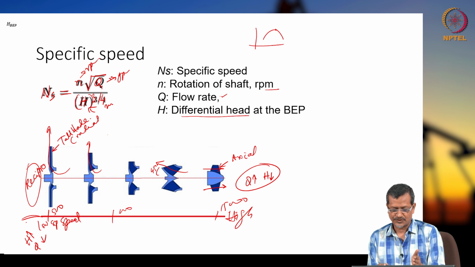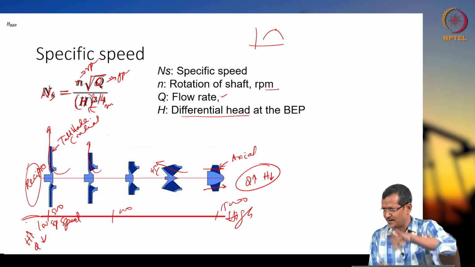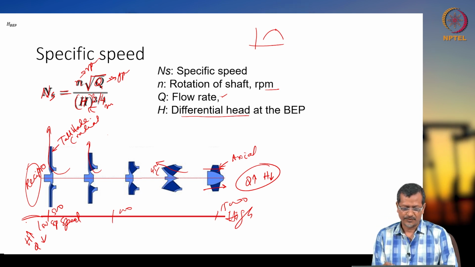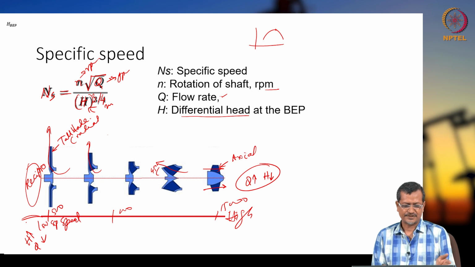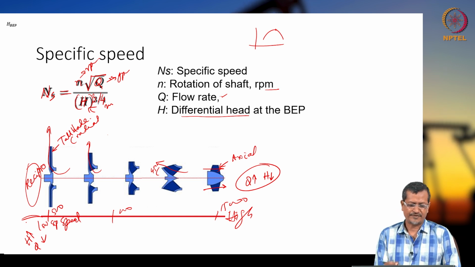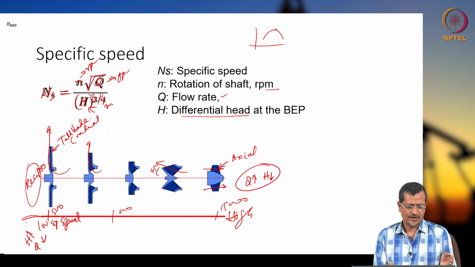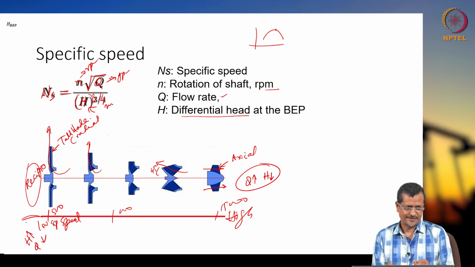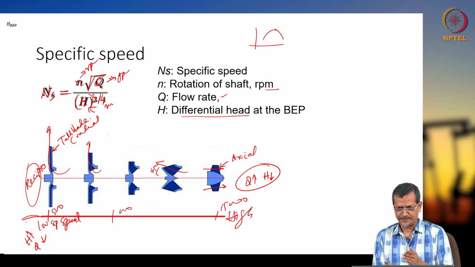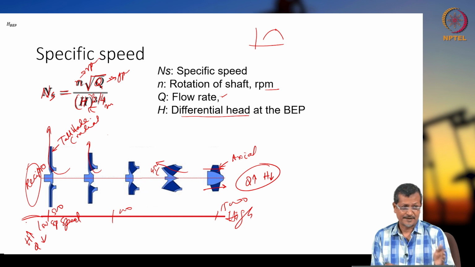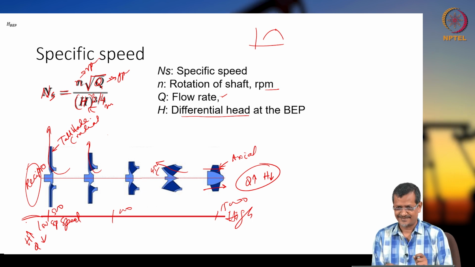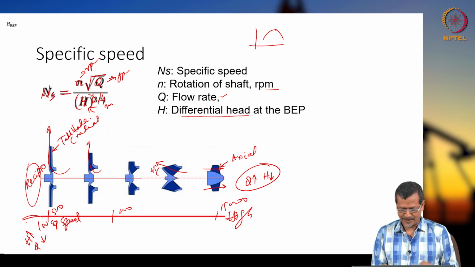Their flow rate is very high, but head is very low. In the exam I can give a question like this: if I give different values for two pumps, I can ask which range it will be, low or high specific speed, or you have to select a pump for a certain application. Then you can quickly calculate and check.